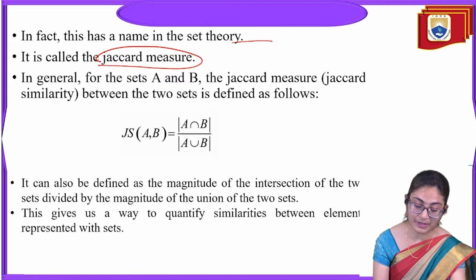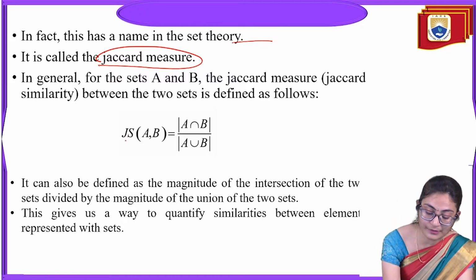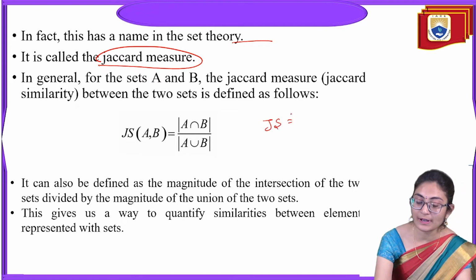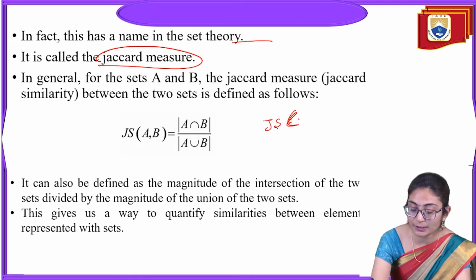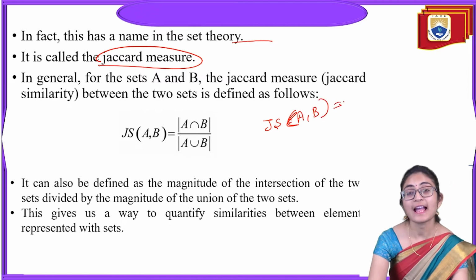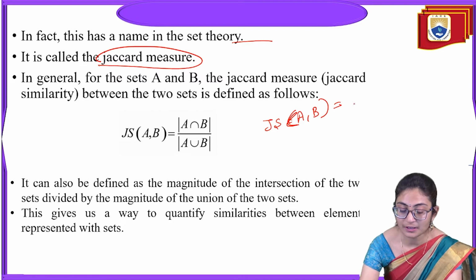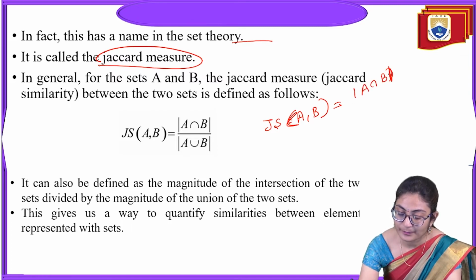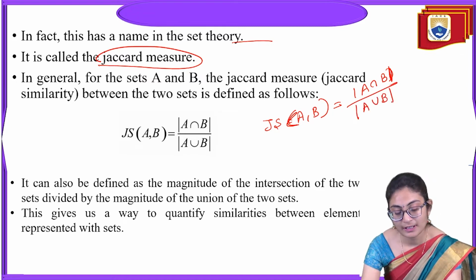For the Jaccard measure, we use J of S. We consider two sets, A comma B, and we have the formula: A intersection B divided by A union B.